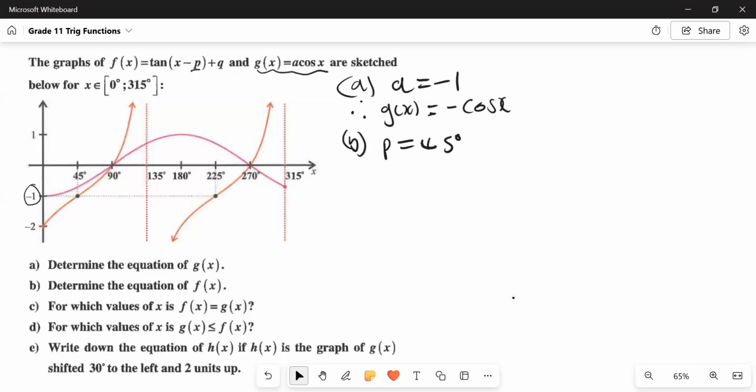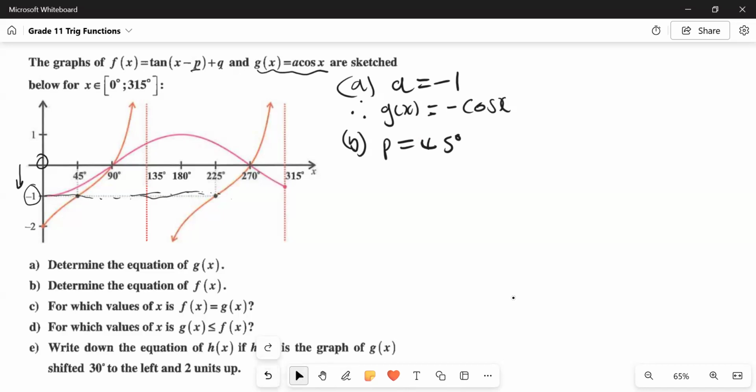Why are we saying that? Obviously, the tan graph starts at 0, 0 at the origin, but this graph has been shifted 1 unit down. So now this graph is at this level here. You can see the curves are at -1, so there is a vertical shift.